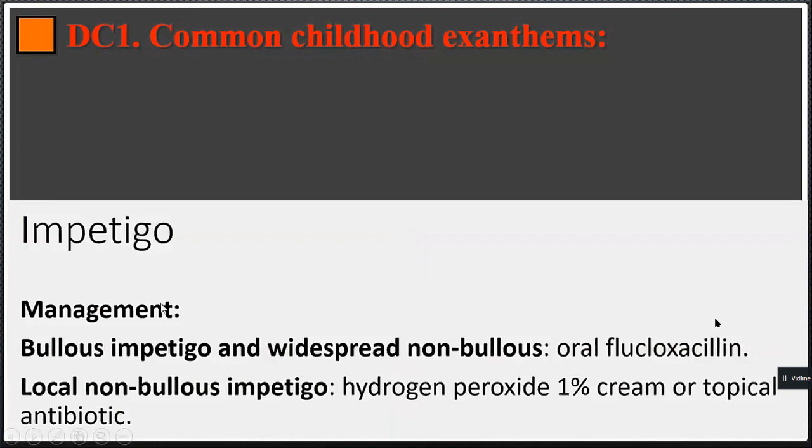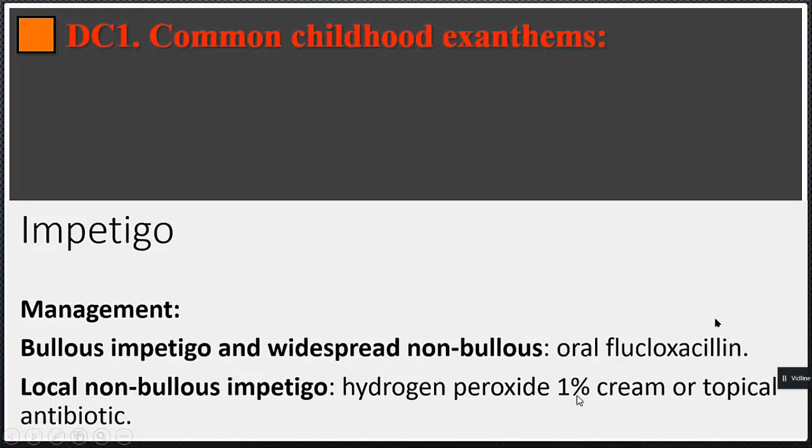The management, so if bullous and widespread non-bullous, you can give oral flucloxacillin. We are talking about widespread non-bullous. It can be the same medicine for bullous. But if local non-bullous impetigo, so hydrogen peroxide cream.